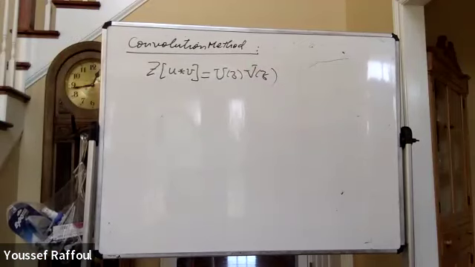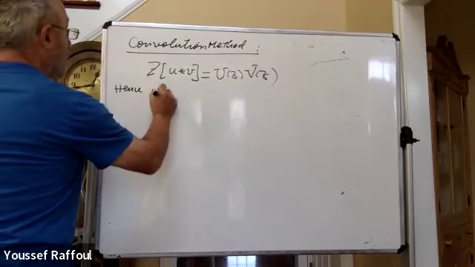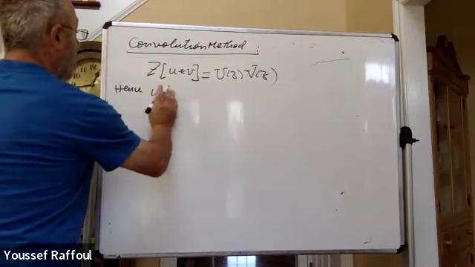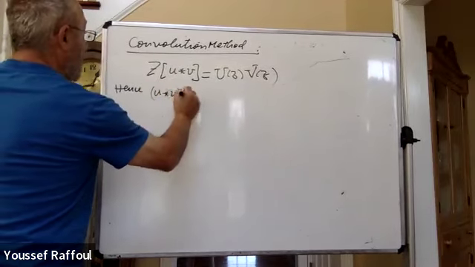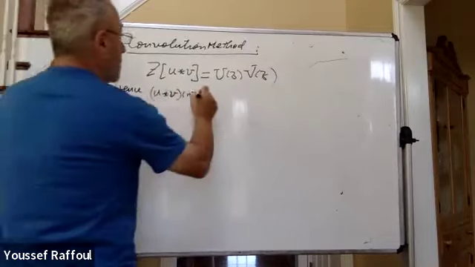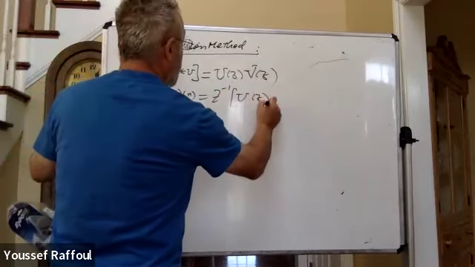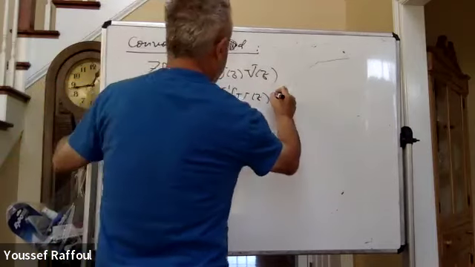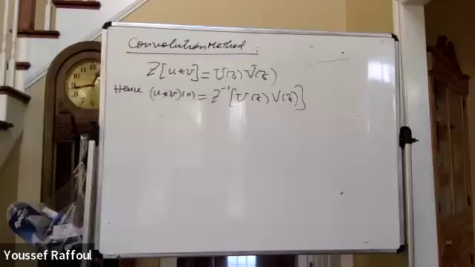Recall that. Hence, u star v of n, this is the original sequence, is Z inverse of U(Z) times V(Z).